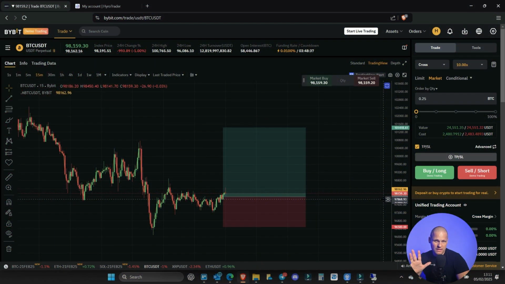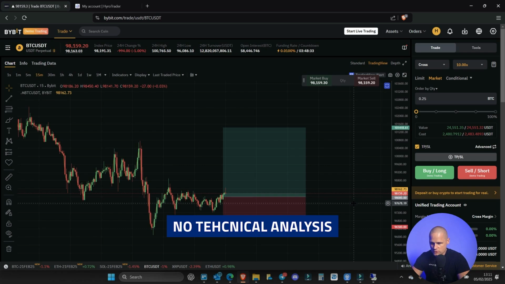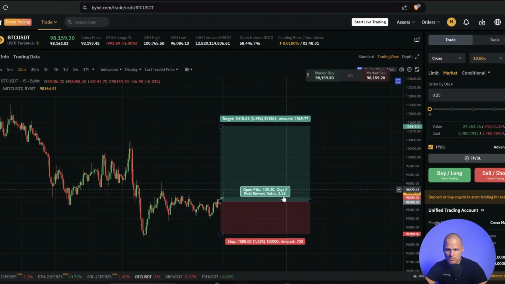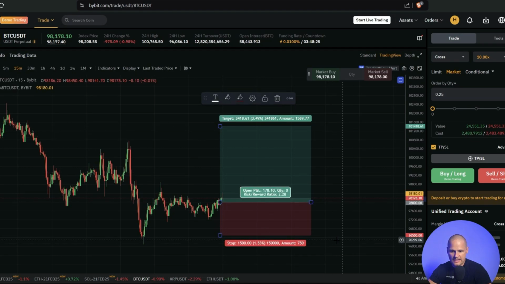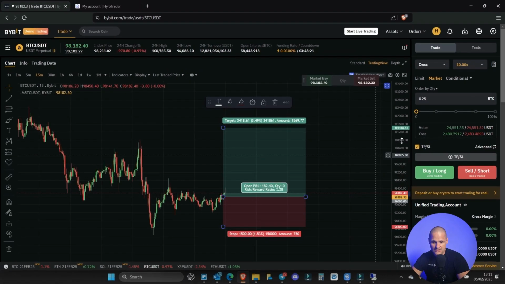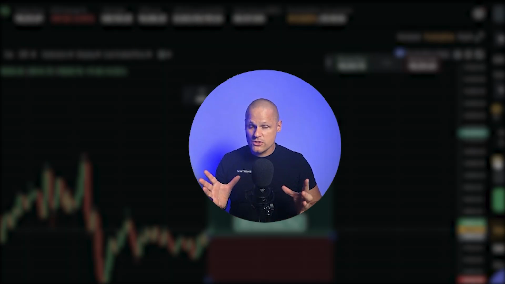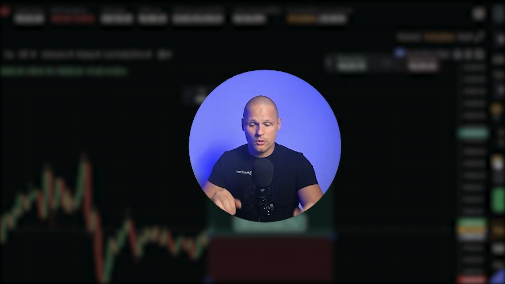Okay, we are in the platform right now and this trade is just for the purpose of the example, no technical analysis. Let's say I want to buy Bitcoin at 98k. I want to take profit here around 100k and I've got a stop loss at 96k 500. I want to set up my stop loss immediately when entering the position, so I will avoid a breach from not having a stop loss, right?